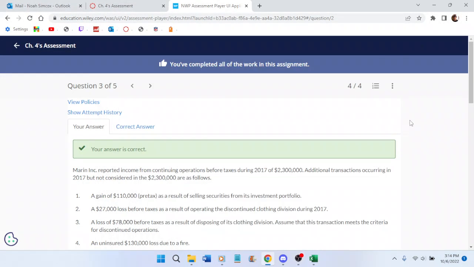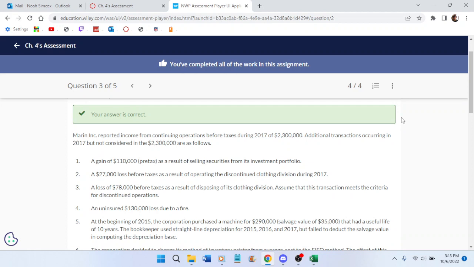Man, I feel like that was a waste of time. Well, not exactly, because I had to work through some stuff, and I was completely confused. I don't think they even explain that in the book. You don't use the preferred dividends in the calculation for discontinued operations, for some reason, which doesn't make any sense to me.